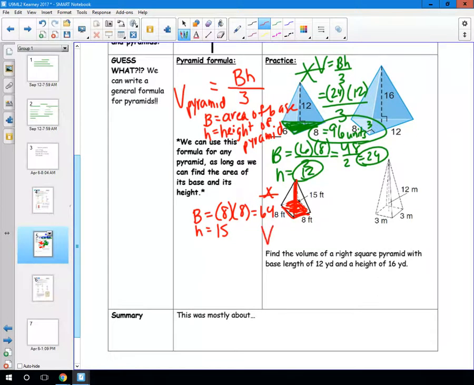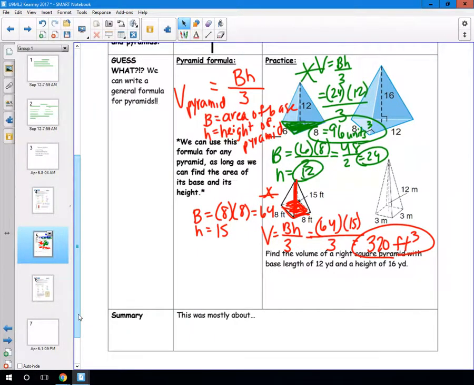So my formula is big B times H, but since it's a pyramid, I'm going to divide by 3. Okay, so my big B we said was 64. We said my height was 15, and then we're going to divide by 3. So if you put that in your calculator, we get 64 times 15, and then divide by 3, and we get 320 feet cubed, and that's my answer.